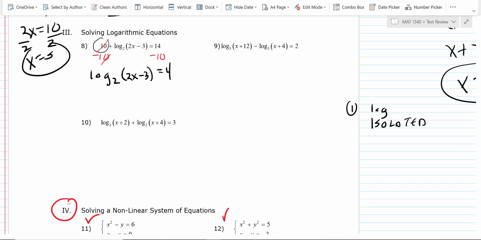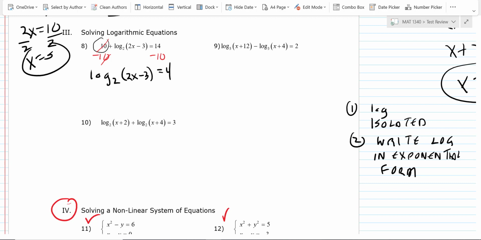Okay, step 2, write the log in exponential form. So you've got to know what I'm talking about by that. That's what I was helping you with, Christian, I think, today in class. So how do you write this in exponential form? You say something to a power equals something.